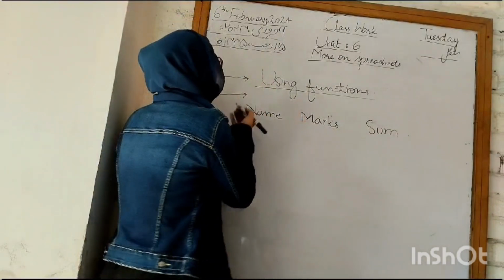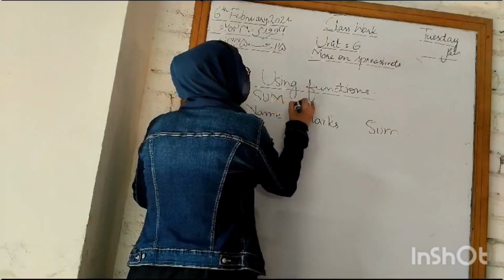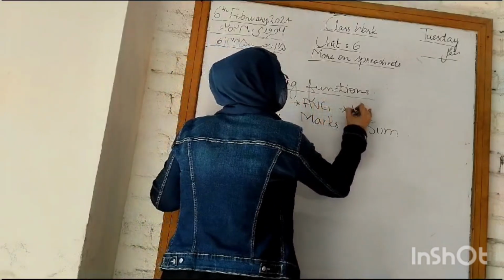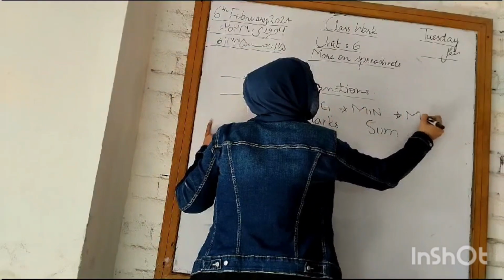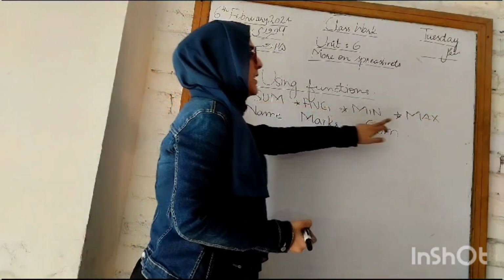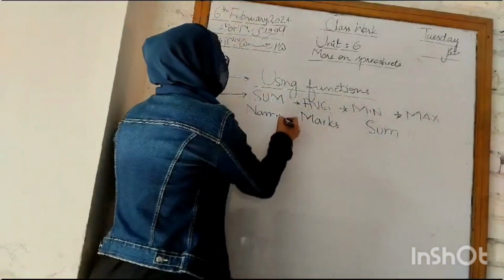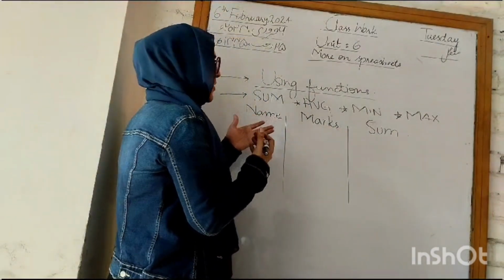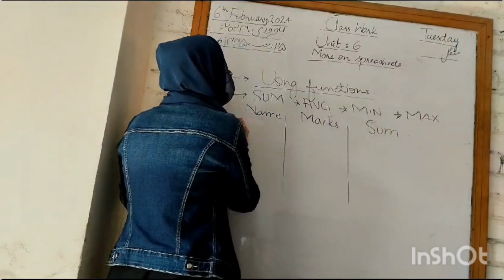How many functions are there? There are many functions, but I will discuss the sum function, average function, minimum and maximum. These are the functions: sum, average, min and max. Min means minimum and max means maximum. So write the heading names as you have done in Excel: Name, marks and the sum.